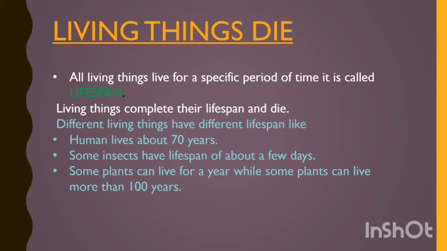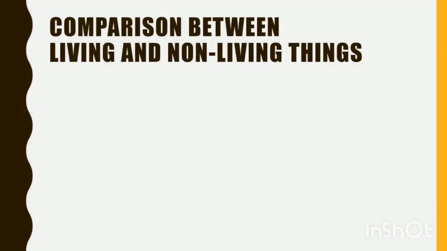So the time they live is their lifespan, and completing the lifespan, they all die. Means they just merge with nature. Us, means human beings, have lifespan about 70 years. Some insects have a lifespan of a few days, or some trees may become 100 years old.